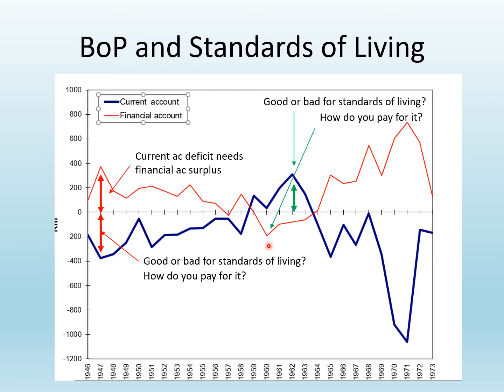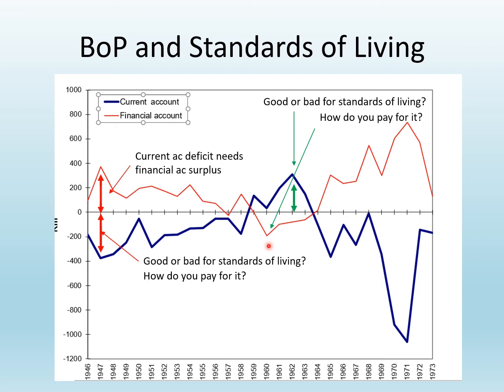So if you're going to change imports, you have to stop people buying imports. And there are many different ways of doing this, but the most obvious way of doing it is to increase interest rates in today's world. If you increase interest rates, it means that the cost of people's debt, their mortgage bonds, for example, go up. They have less money to spend.